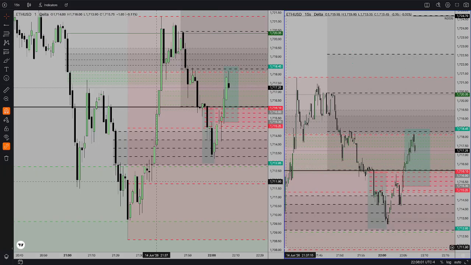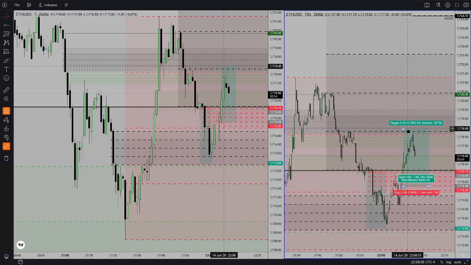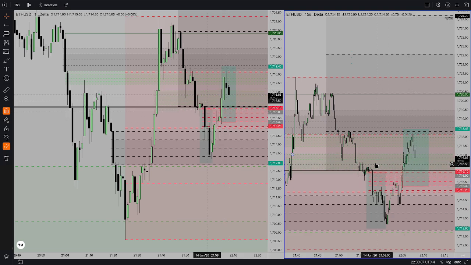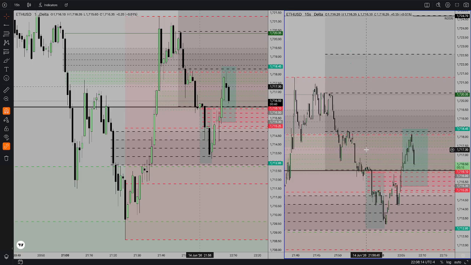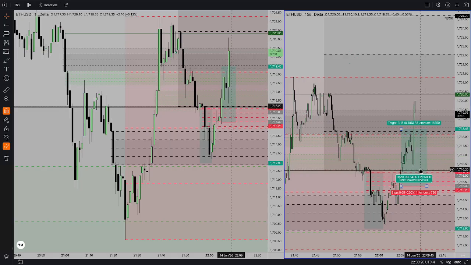Well, what was this? This was actually the quadrant of that whole swing. That was a very good reaction there from that swing. I want to see how it reacts from the consequent encroachment and lower quadrant areas.